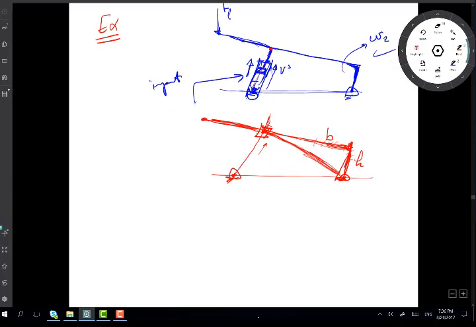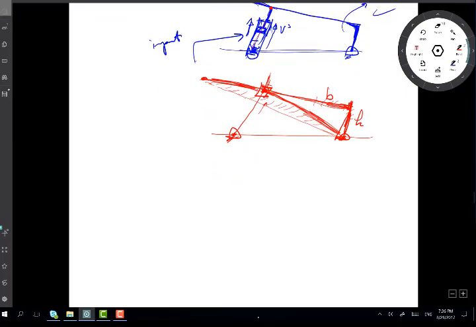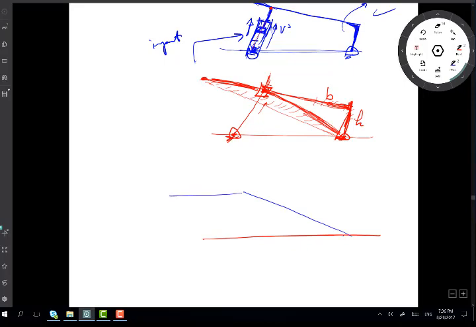And maybe I can say this is my linkage over here, equivalent to what I'm dealing with. So it becomes something like that. I'm just trying to put together a linkage that will simplify what I'm doing over here.